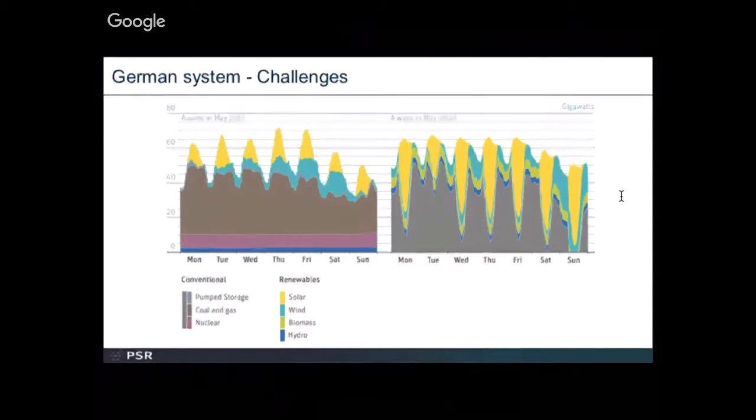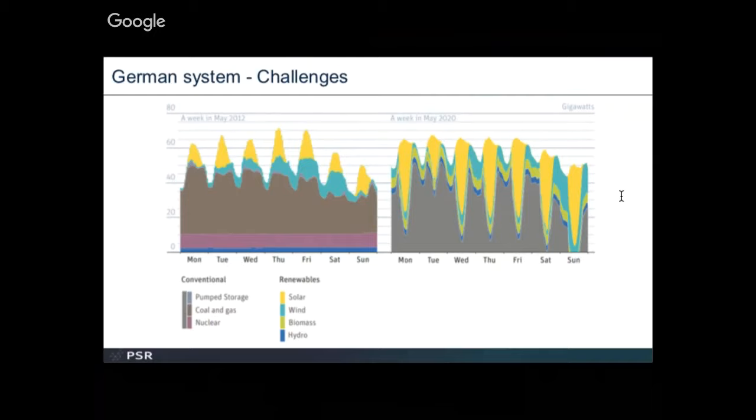So what are the challenges? The German system was one of the first systems to achieve a high level of renewable penetration, which spread the word to the news that this kind of technology has these problems. You have some challenges that you need to address. So what are those challenges?